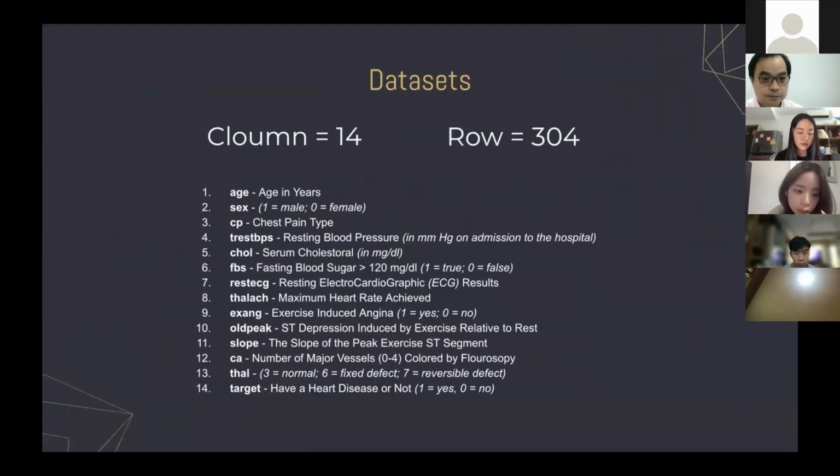My data set contains 304 rows and 14 columns, which include age, sex, chest pain type, resting blood pressure, serum cholesterol, fasting blood sugar, resting electrocardiographic, maximum heart rate, exercise-induced, ST depression induced, the slope of the peak exercise, number of major vessels, and number 13 tells us which type of heart disease the patient has. Number 14 is the target, which tells us who has heart disease or does not.